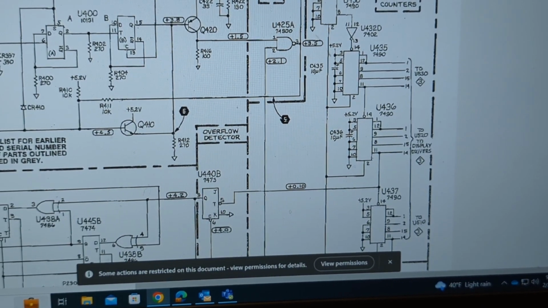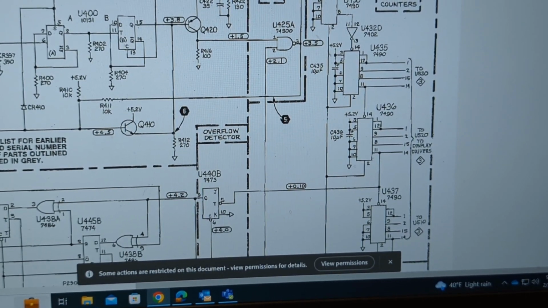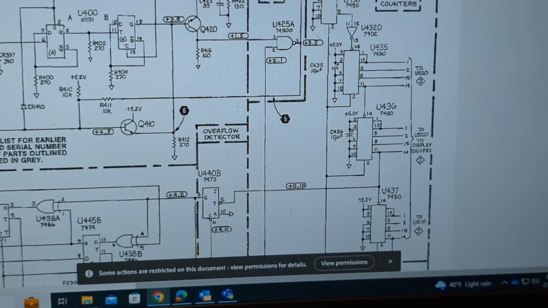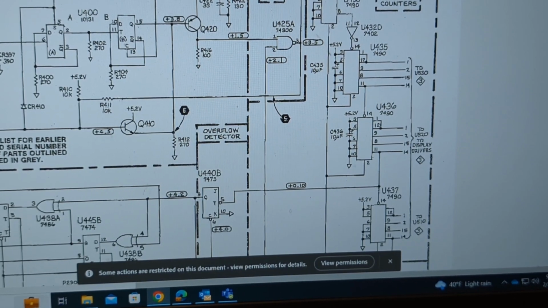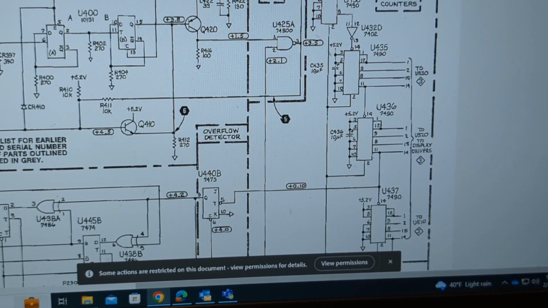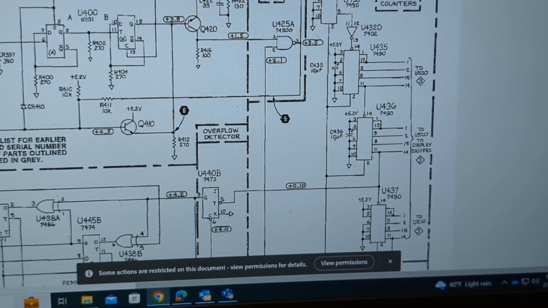I've never been formally taught, and I'm still learning as I go. My knowledge of how counters work was very limited. I understood what they do, but how they work, not so much. So I figured if I wanted to fix this, I was going to need to learn how they work.